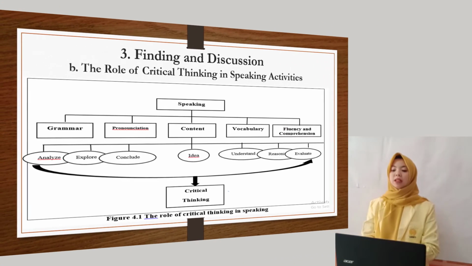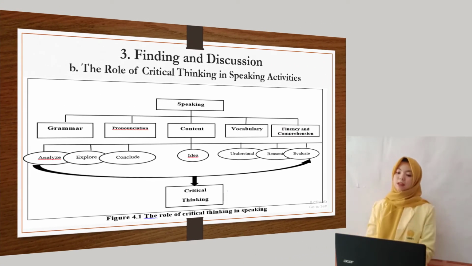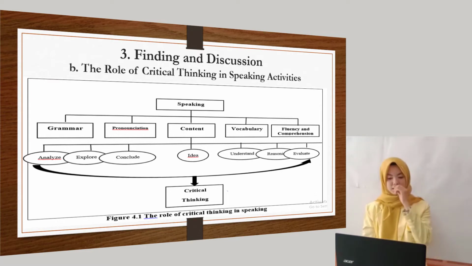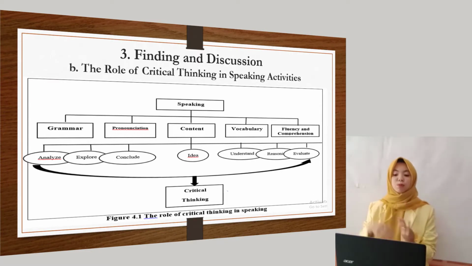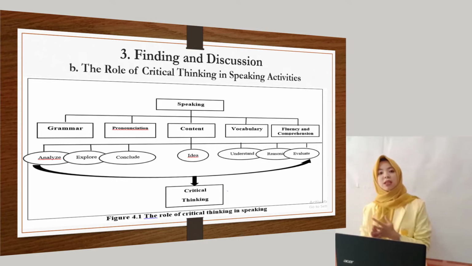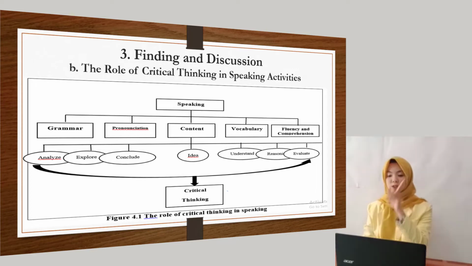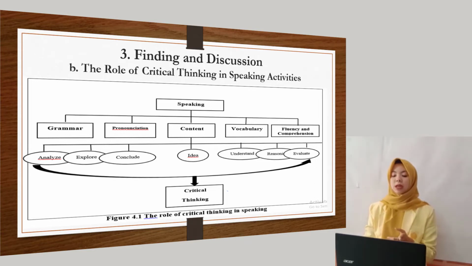We jump to the second one. It's about the role of critical thinking in speaking activities. As said by Brown 2000, speaking can be supported by some aspects such as grammar, pronunciation, content, vocabulary, fluency, and comprehension. But we just focus on the content one. As said by Hughes 2014, content can be supported by some aspects such as analyze, explore, conclude, idea, understand, reasoning, and evaluate.